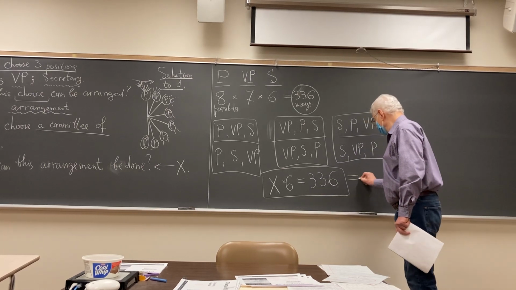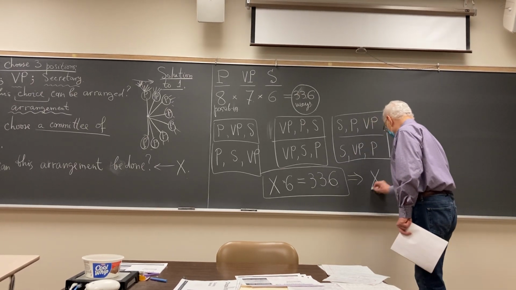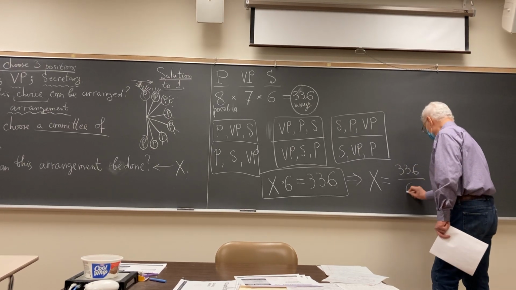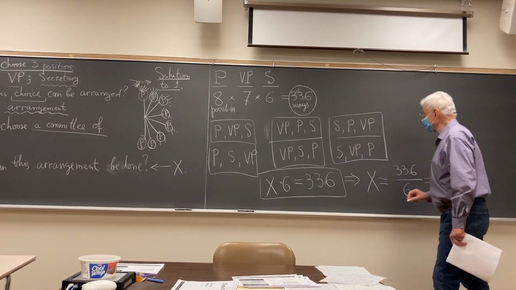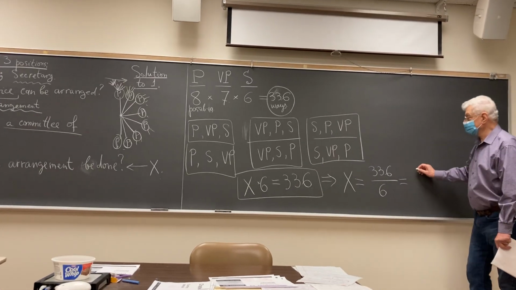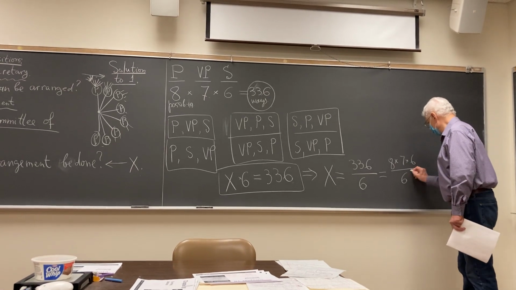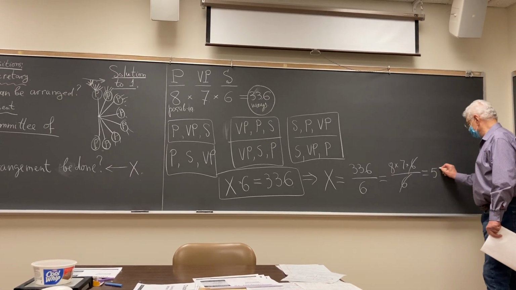So from here we find that x equals 336 divided by 6. By the way, instead of dividing you can write 8 times 7 times 6 divided by 6, cancel out, and you get 56.